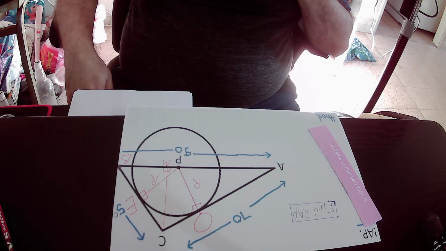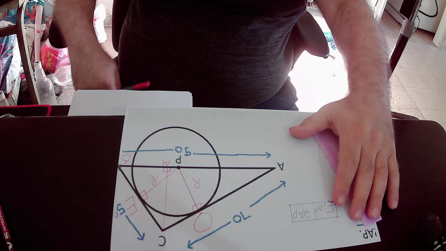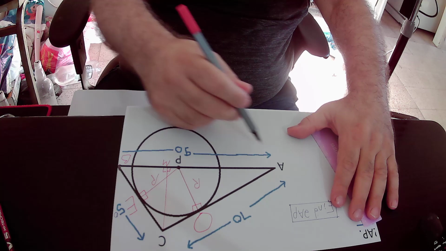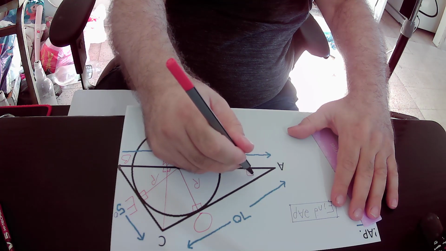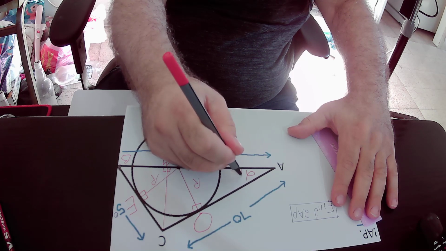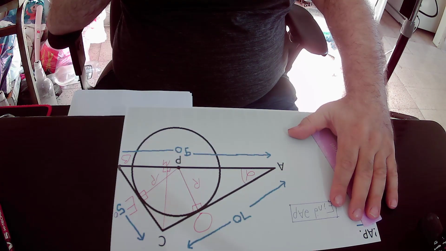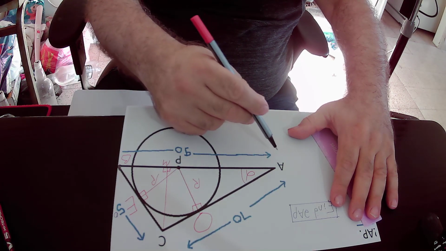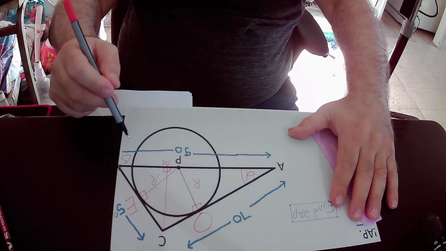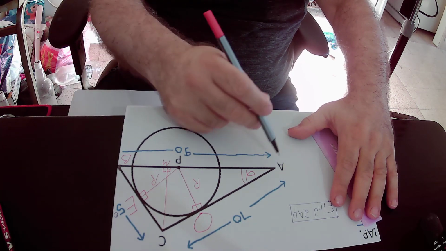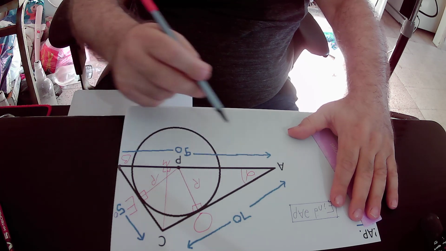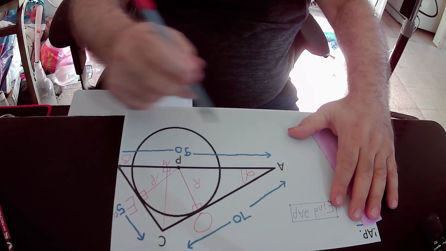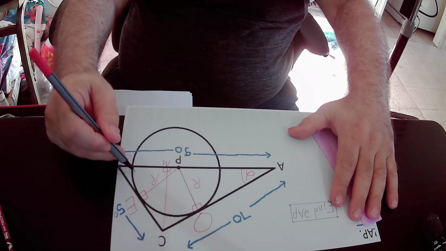Okay, so we will define angle BAC as alpha, and also we will define angle ABC as beta.